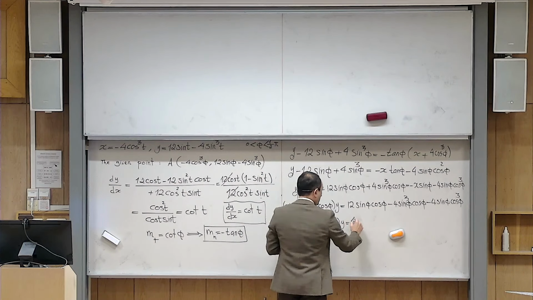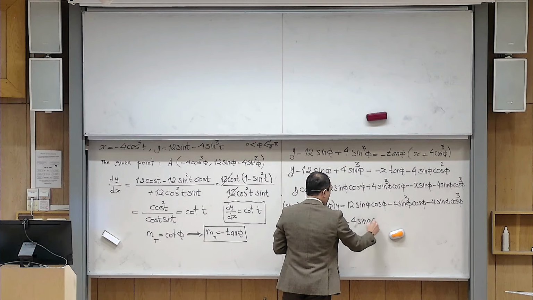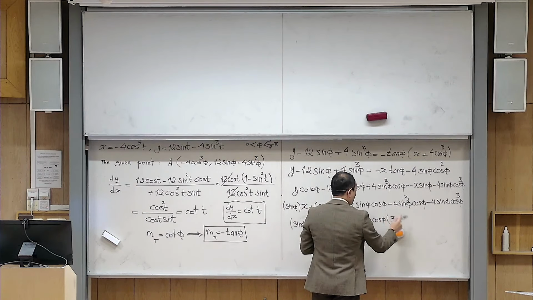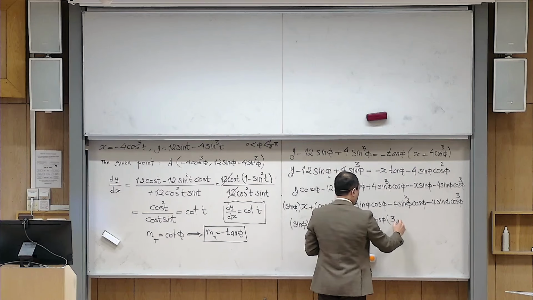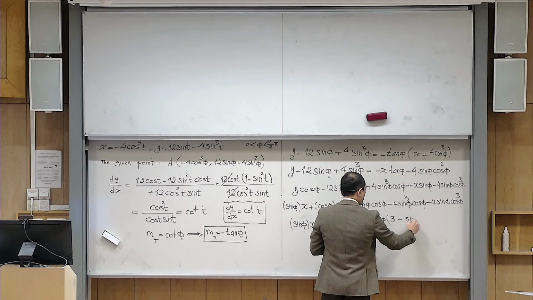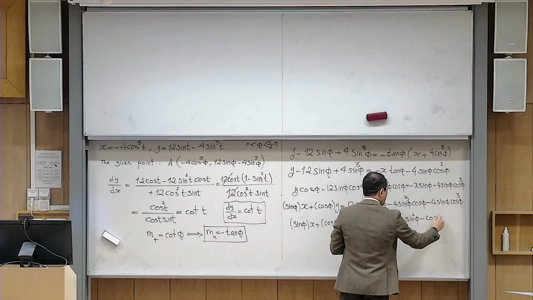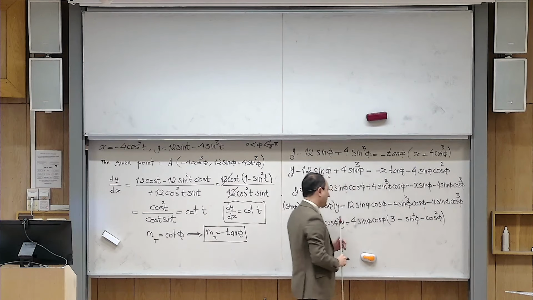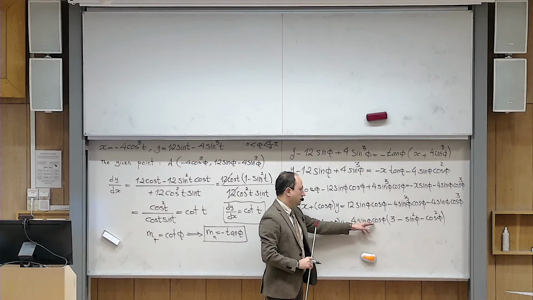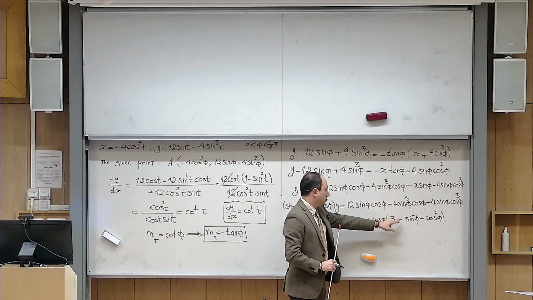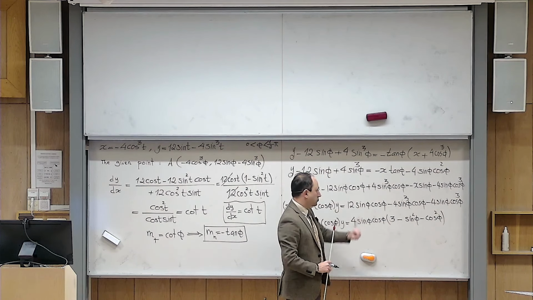I take 4 sine phi cosine phi out. Then here I am left with 3. Here I am left with sine squared phi. Here I am left with minus cosine phi squared, yes? So I factored 4 sine phi cosine phi out. So this becomes 3, and then this becomes minus sine squared phi, minus cosine squared phi.